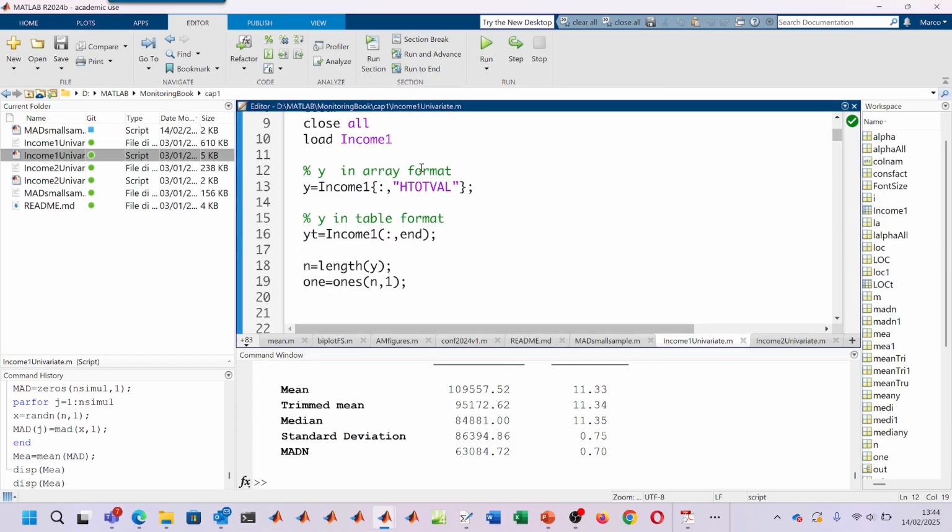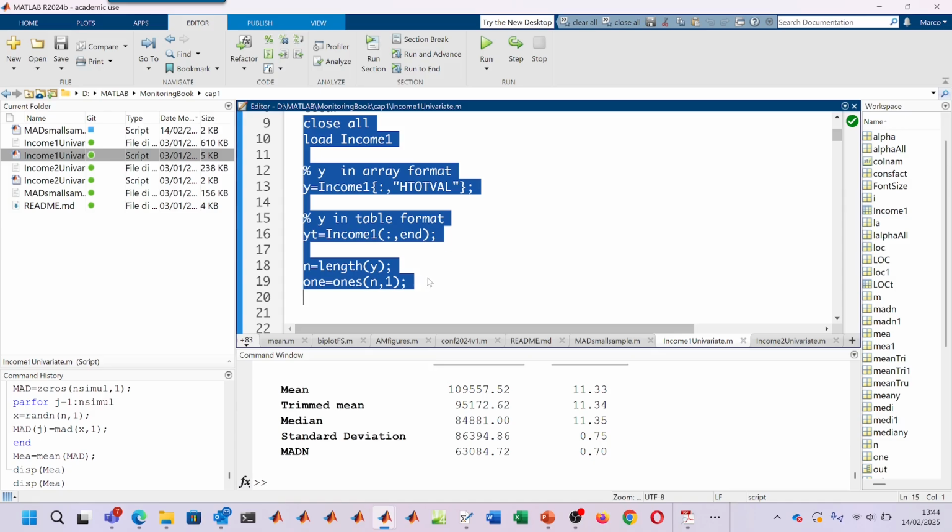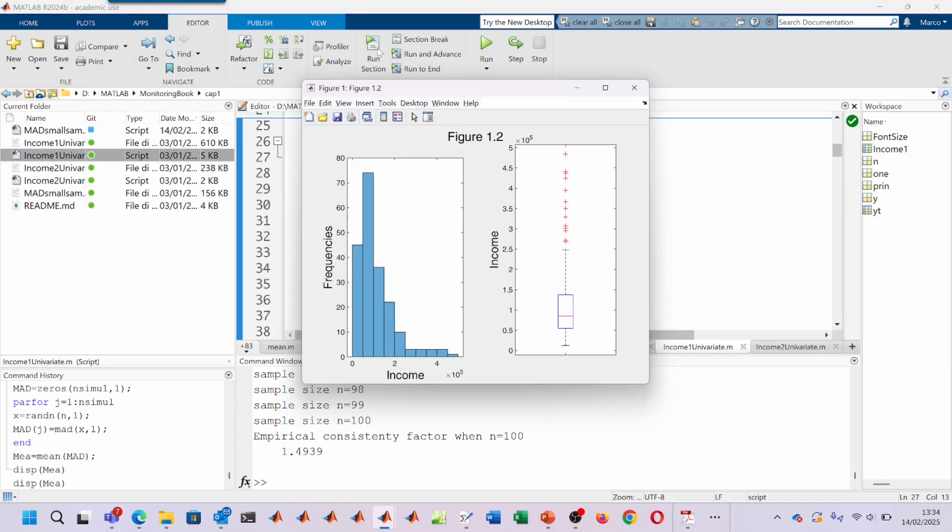We look at a sample of 200 observations on income taken from the United States Census Bureau. As you can see from the left panel, the data are positively skewed. The right-hand panel of the figure shows the box plot for these data, and we can see that according to the box plot, there are a large number of outliers represented in red.